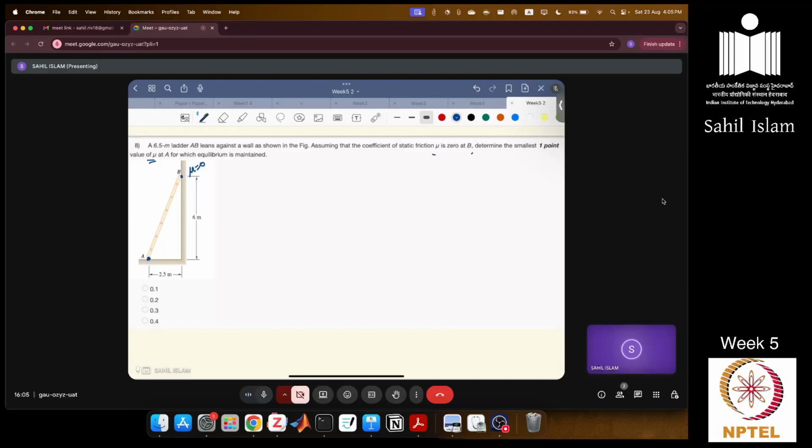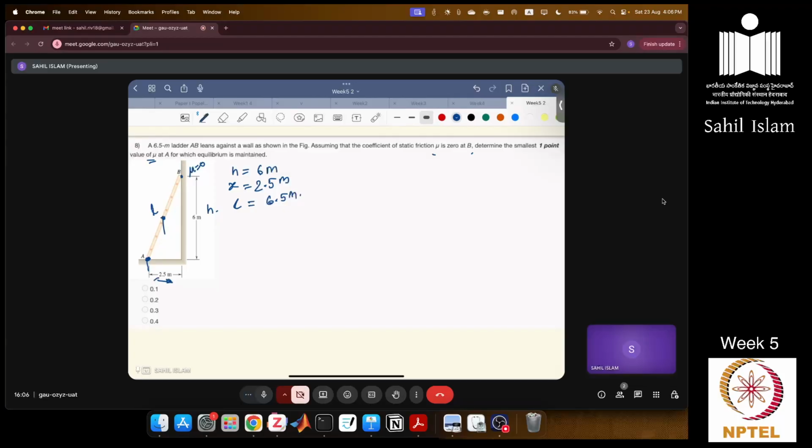Fine. So you have h equals 6 meter. So let's say this is h. Then let's say you have x, which equals 2.5 meter. And then there is L equals 6.5 meter. Now in this point, so this was x, remember.